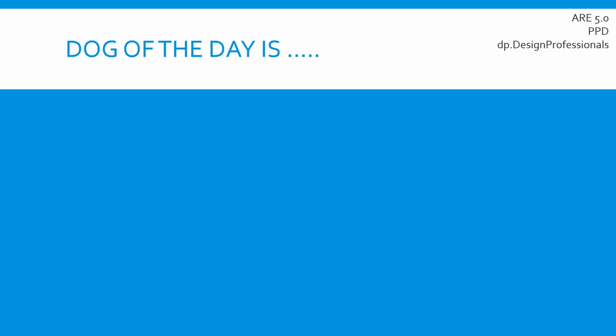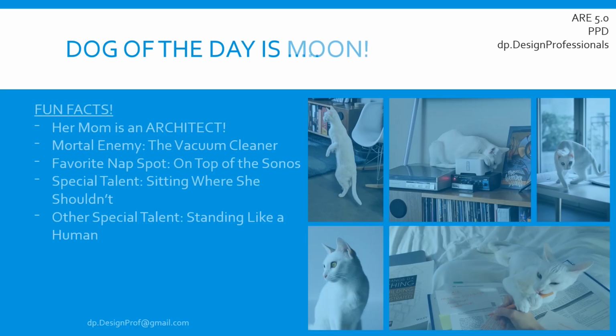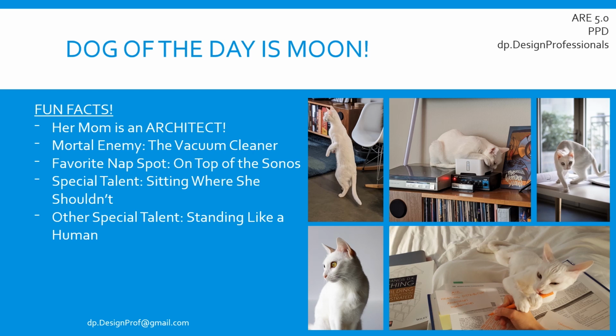All right, that brings us to my favorite section, which is the dog of the day. And this week's dog of the day is Moon. It's quite obvious that Moon is not a dog, but I don't discriminate. We have our first cat. Moon's mom is actually an architect. Her mortal enemy is the vacuum cleaner.